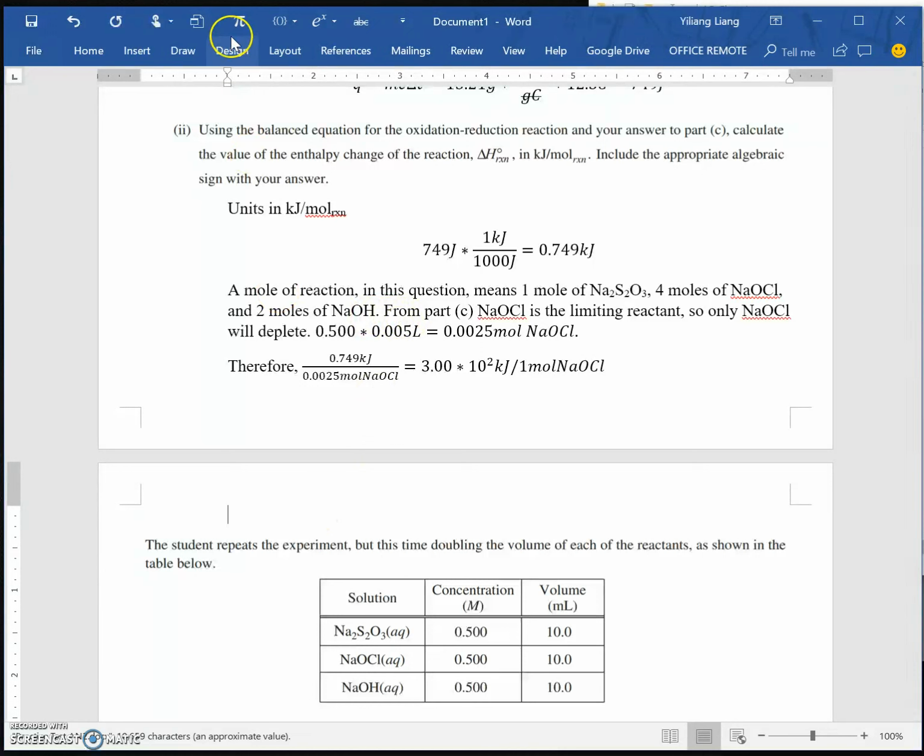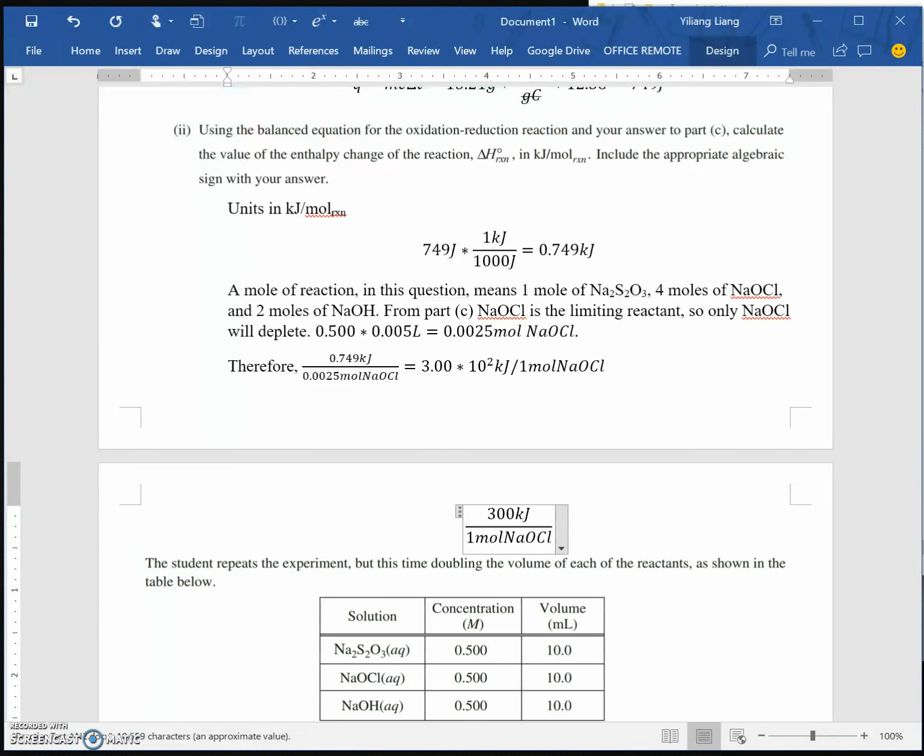So therefore, we put this equation: 300 kilojoules per 1 mole NaOCl. And we know that 1 mole of reaction is 4 moles of NaOCl. So 4 moles of NaOCl over 1 mole reaction.